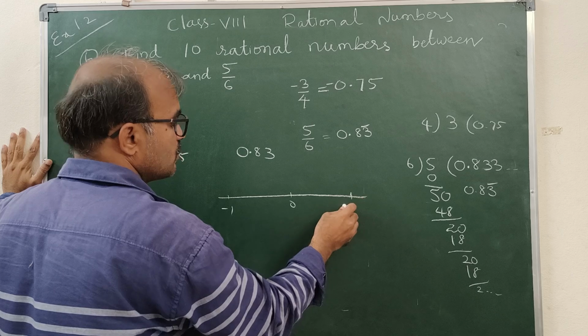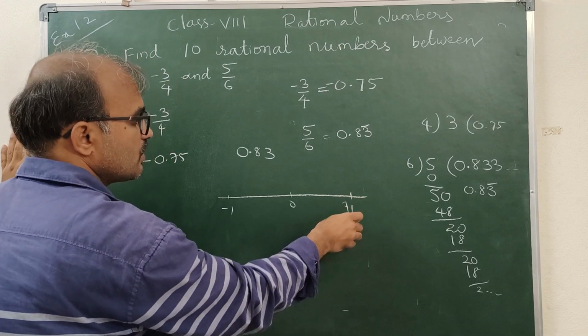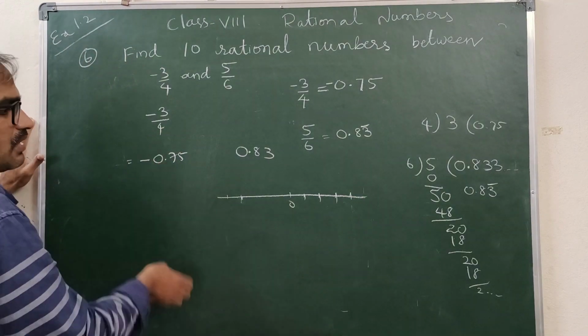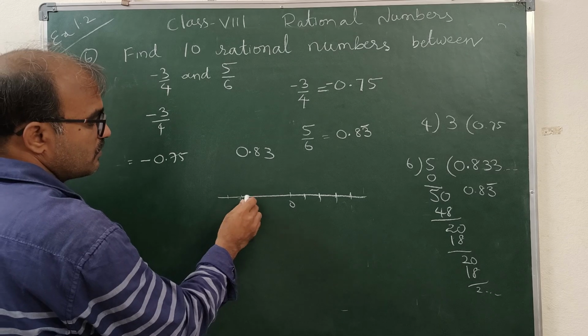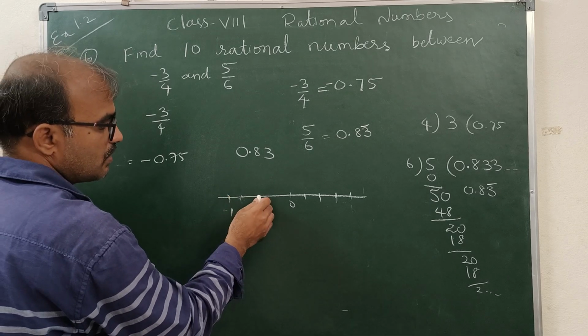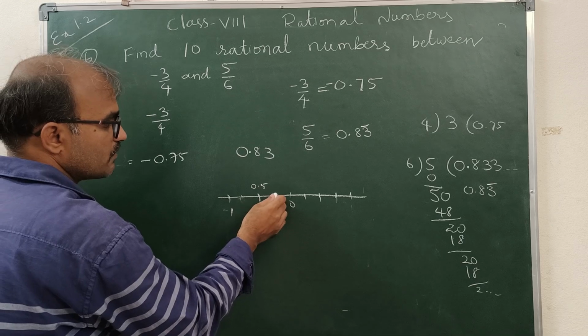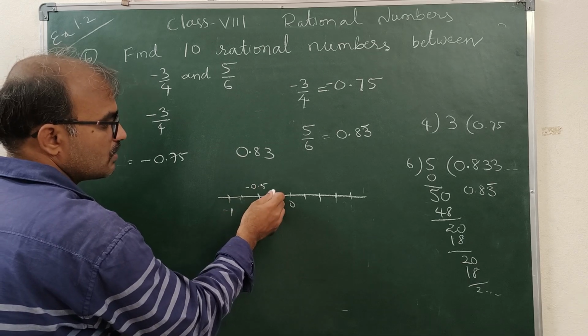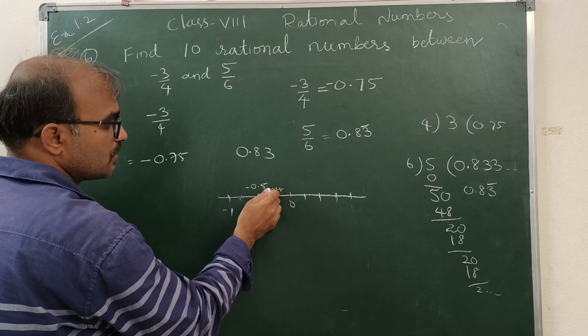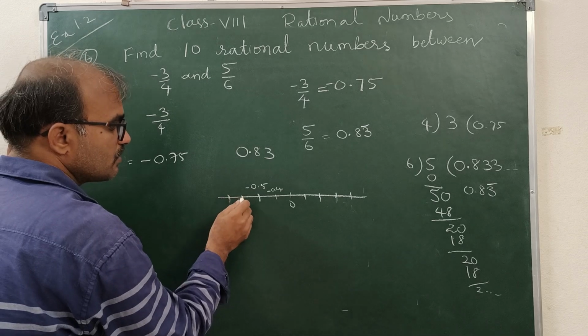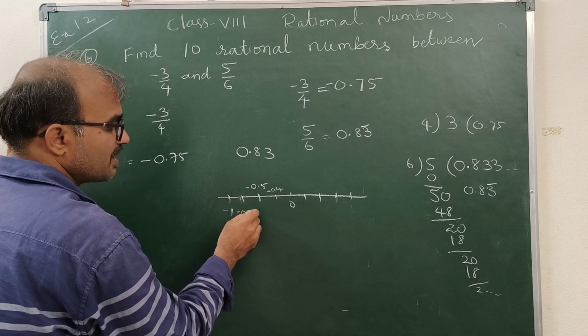So minus 0.75. This will be minus 1. In exactly the middle there will be 0.5, half. This will be minus 0.5. Here this will be 0.25, nothing but minus 0.25. This will be minus 0.75.